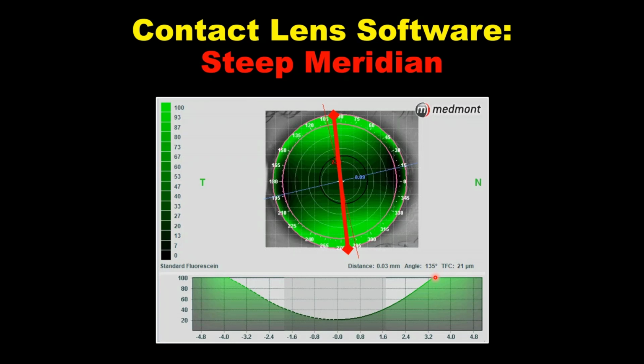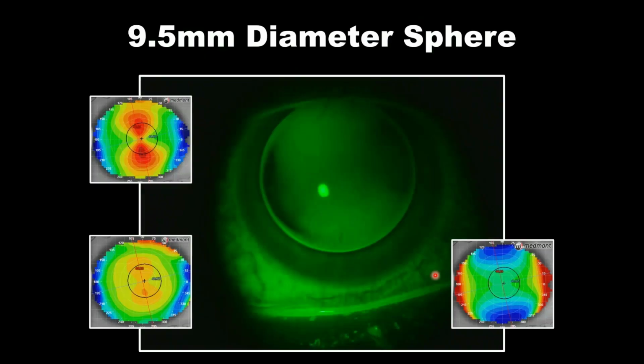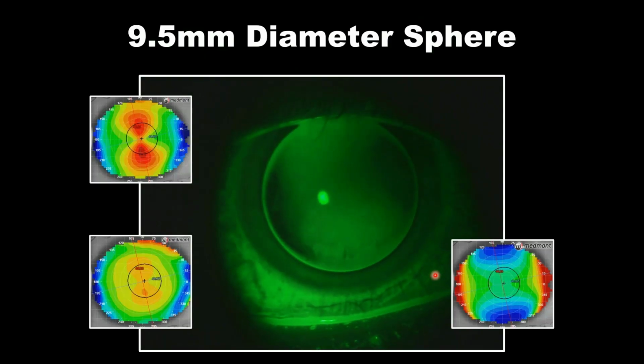So for those of you who think in millimeters, that's approximately 0.9 millimeters of corneal astigmatism. We have an incredibly toric eye. So it makes sense that if we were to place a spherical contact lens on an incredibly toric patient, we're going to get a massive amount of fluid underneath at 12 and 6 o'clock. Just what the elevation map told us.